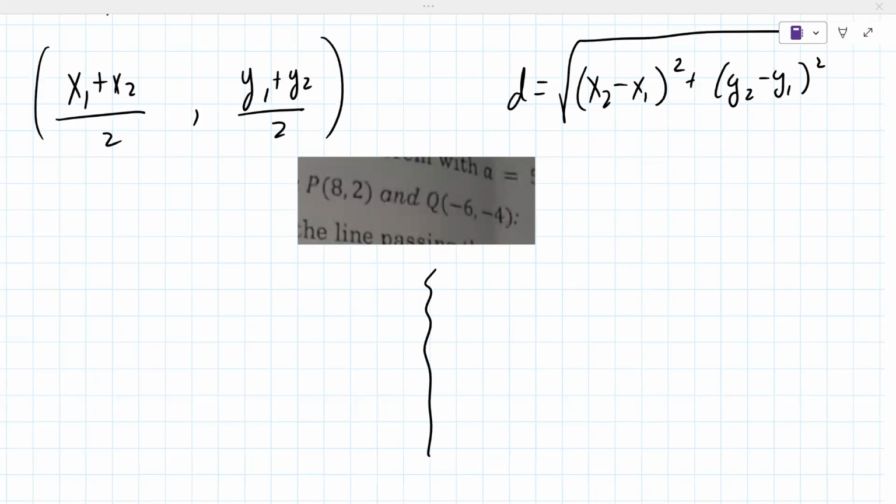Wait, so would P be the X and would H be the Y? It's x1 and y1 and x2 and y2. They're just giving you two ordered pairs. So it's good to label them. That way you know where to put them in the formula.